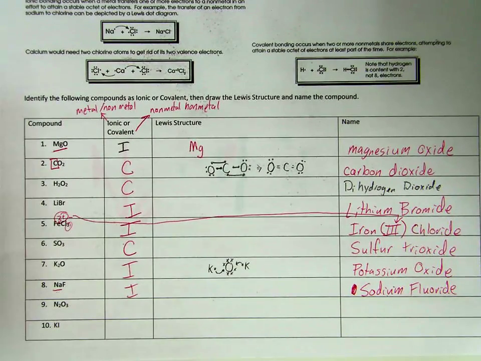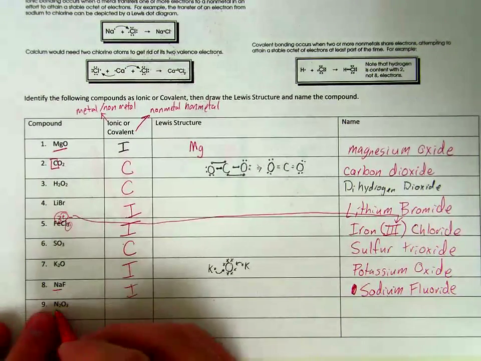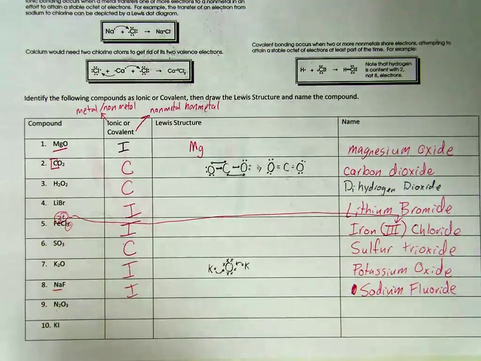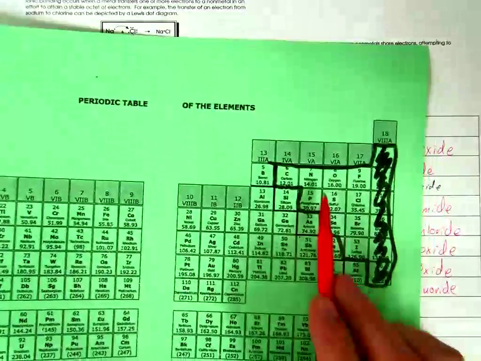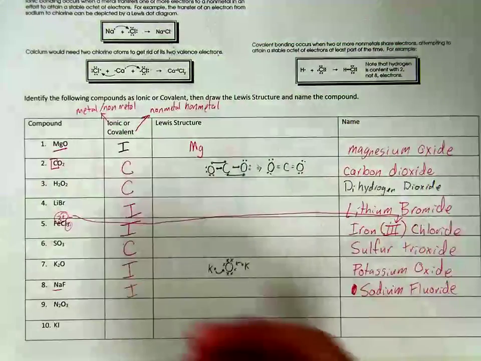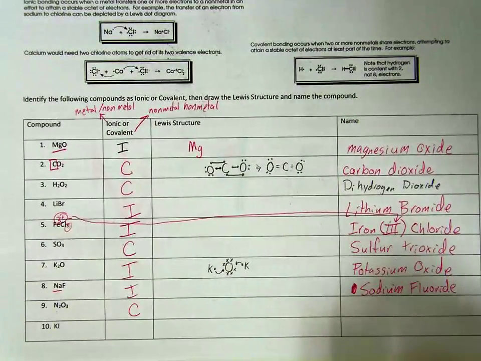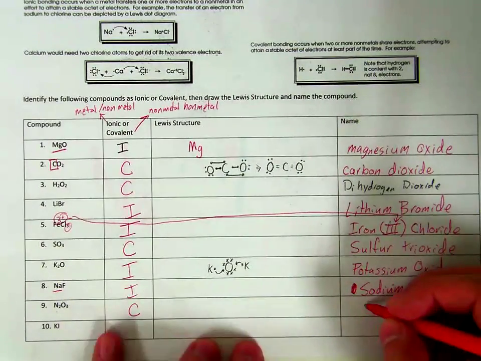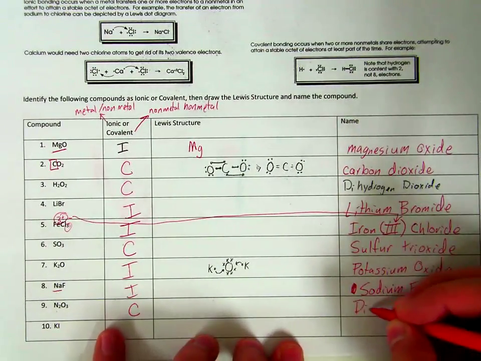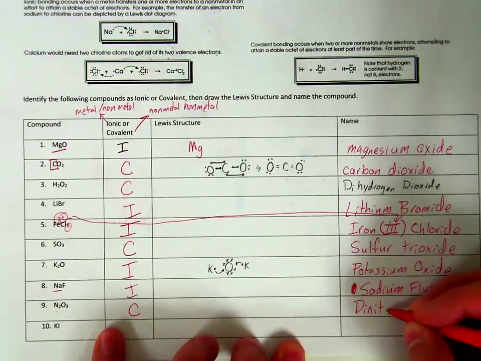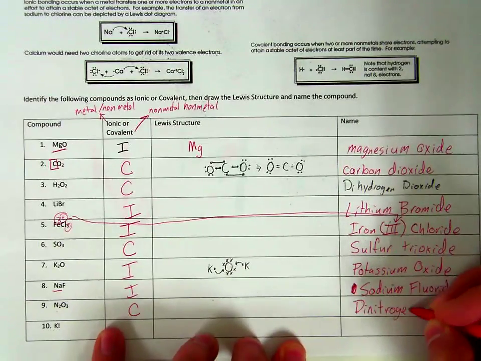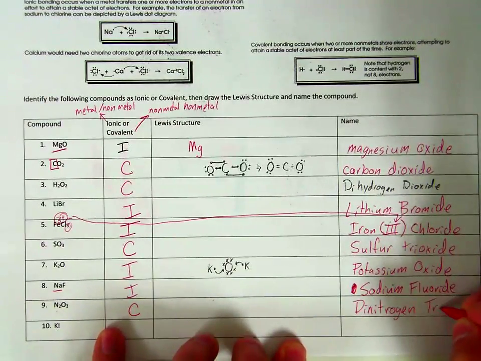N2O3. Oh man, N2O3. N is a non-metal, so this is going to be covalent. So this is going to be dinitrogen because I've got N2, trioxide.